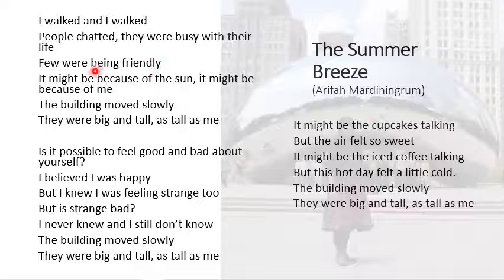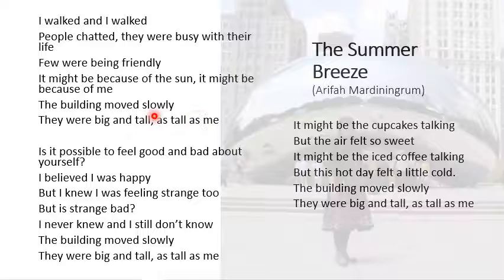And then I show in the first stanza the situation at that time, where people are being friendly and chatting, and the sun was shining, and it just feels good. It feels happy, and I see the buildings move slowly. They were big and tall as me.